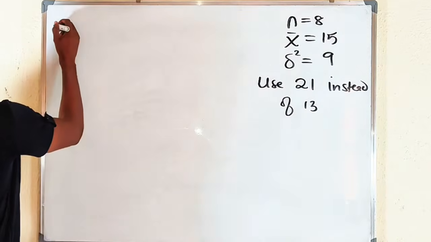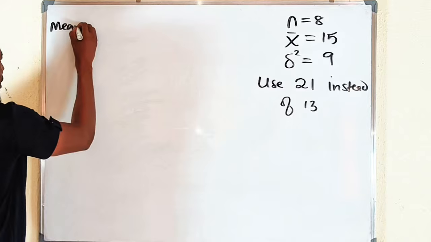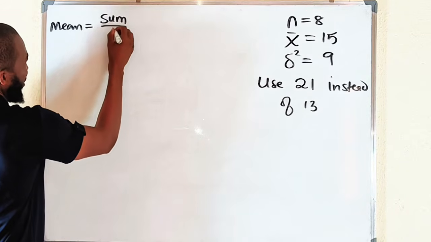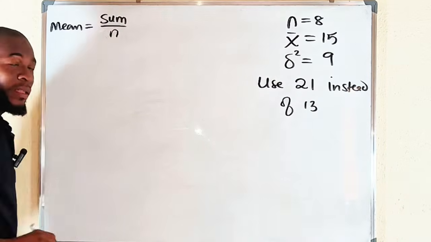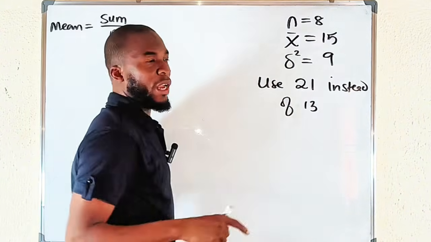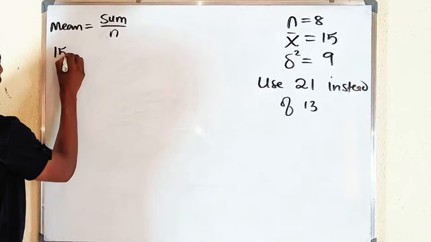So remember the mean is equal to what? Sum of items divided by the number of items, which is 8. But let me just write n. This is our formula. According to the wrong calculated mean, it was 15.